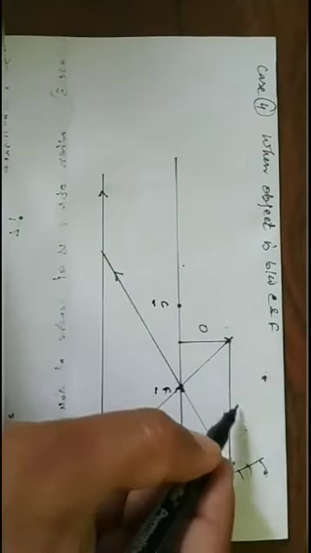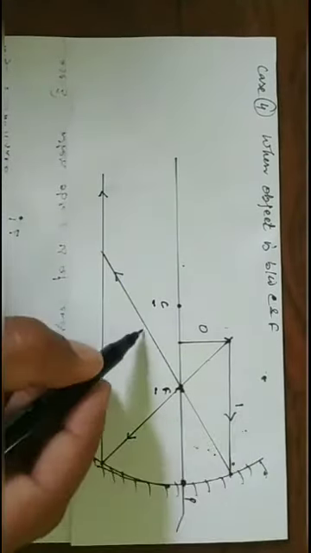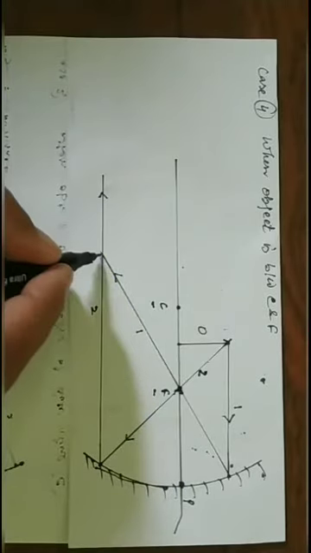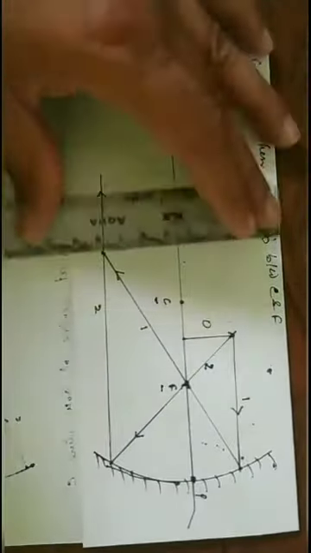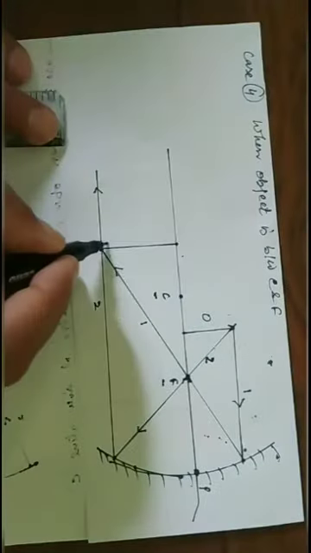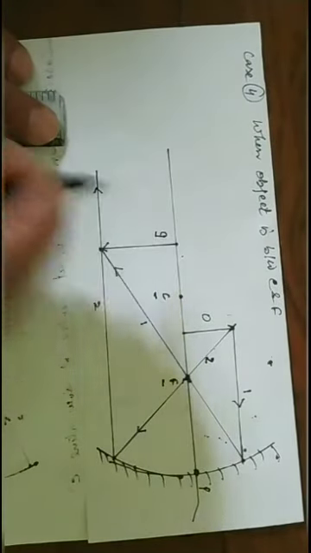So this is our first incident ray, this is your first reflected ray, this is your second incident ray, and this is your second reflected ray. Where they meet, they are meeting at this point, and that is the image. So I draw a vertical line from the principal axis, and it is an image. So this is our image I.